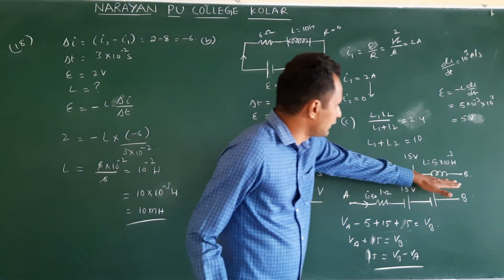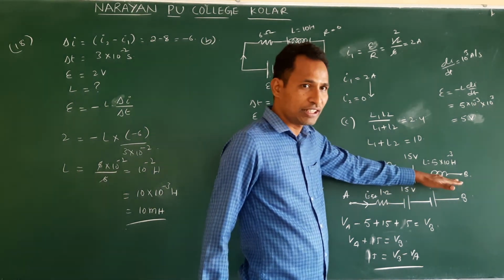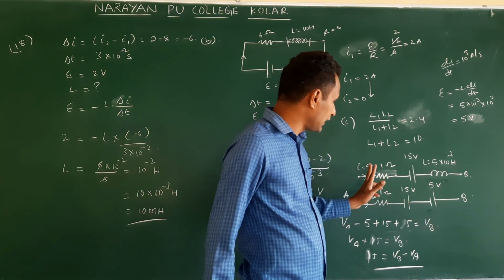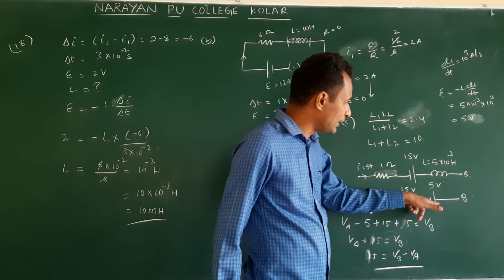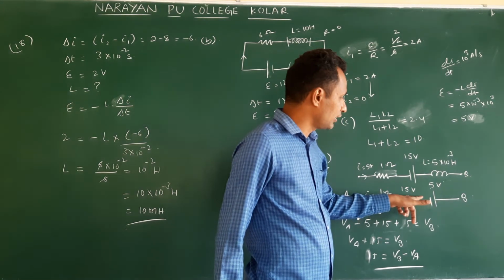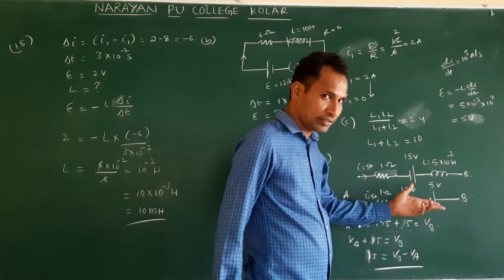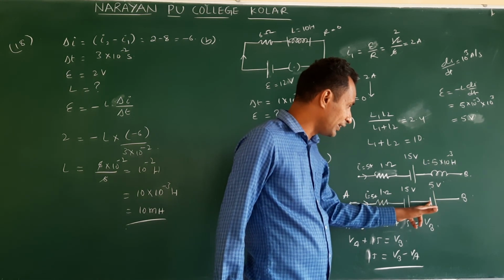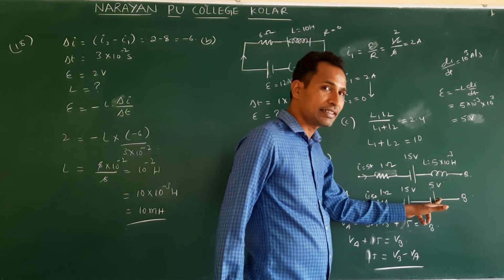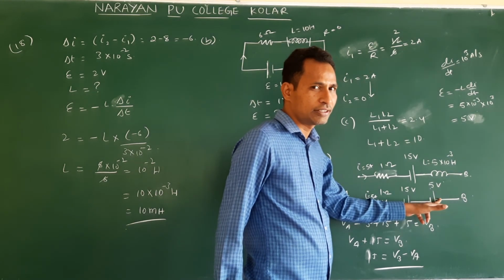Understand? This is the given circuit. After that we alter based on the current increase and decrease. Current decrease they mentioned, so polarity changes. Clear? If current increases, suppose, then we will draw VL plus. Here it is negative. Understand?